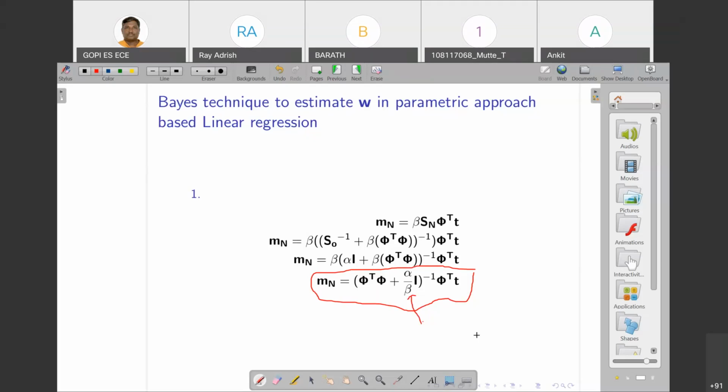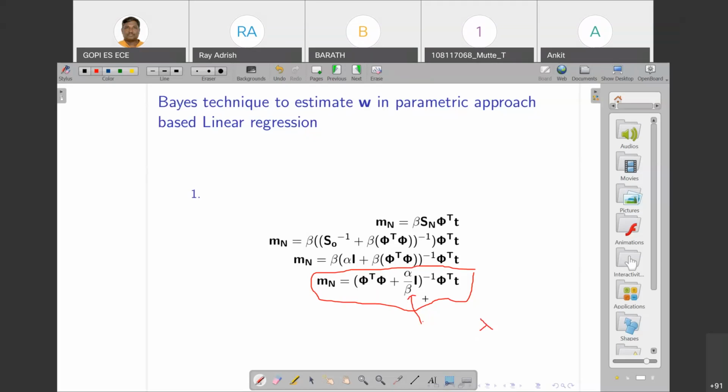The other way around, when you do regularization in the linear regression model, you are indirectly doing the Bayes technique, because you are exploring the value of lambda, so indirectly you are exploring the value of alpha and beta.